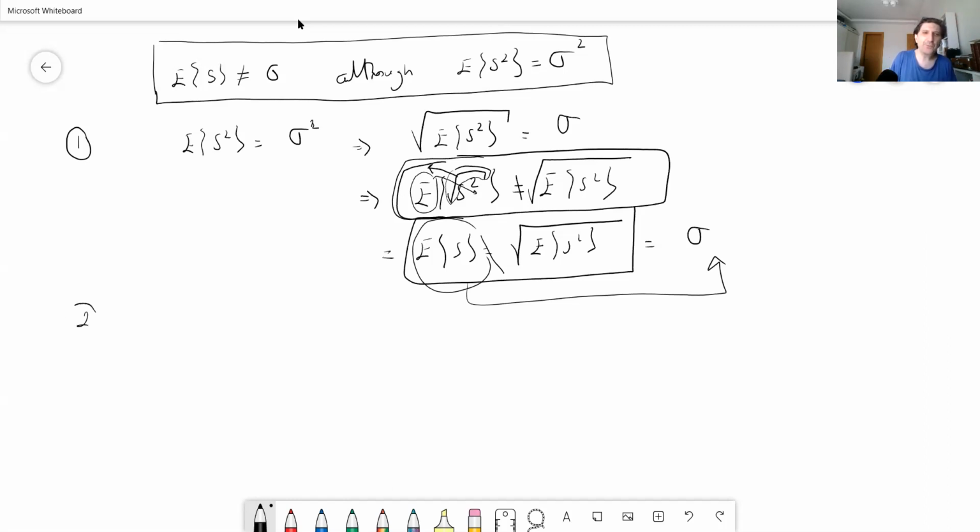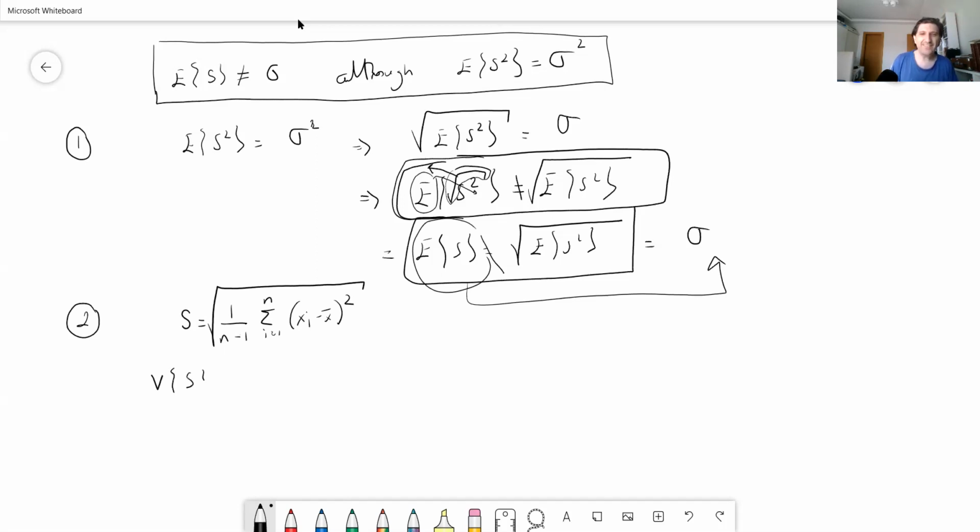A better proof is going to be like this. Now let's define S to be equal to the square root of 1 over n minus 1 times the sum from 1 to n of (xi minus x bar) square. This is how a sample standard deviation is defined.